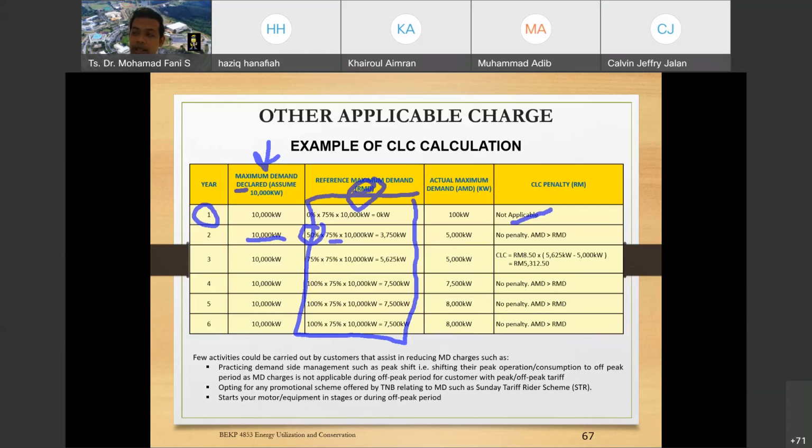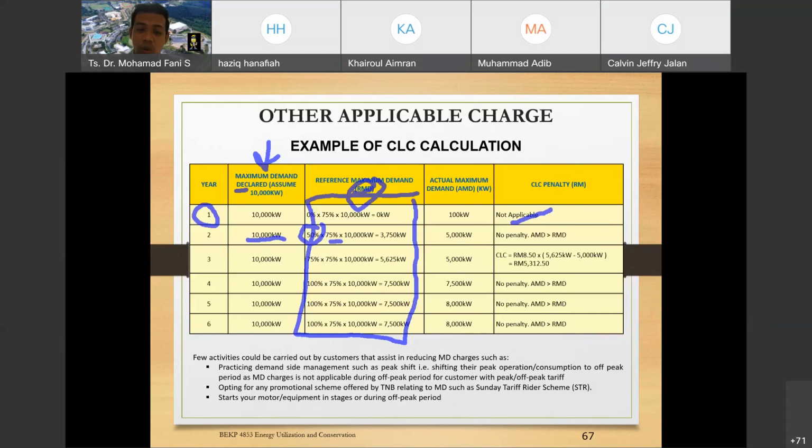For example, you have the incoming substation for 11 kV, so you need to upgrade from 11 to 33 kV.